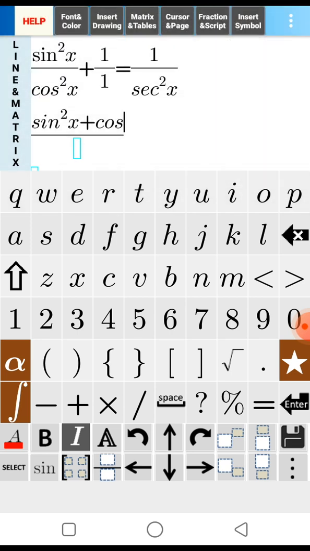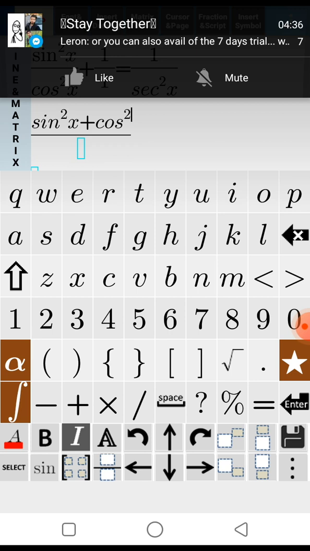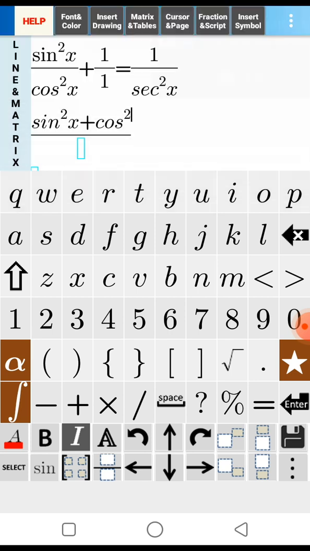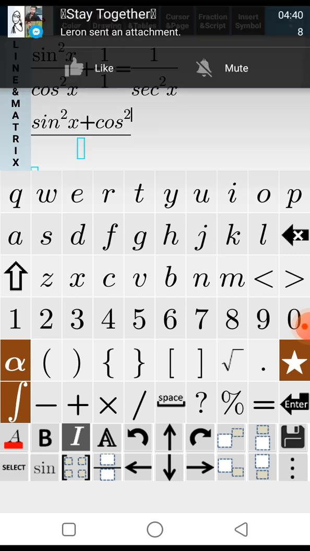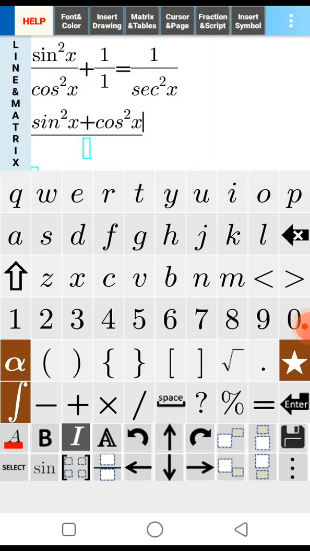Then we have sine square x plus cosine square x divided by cosine square x.